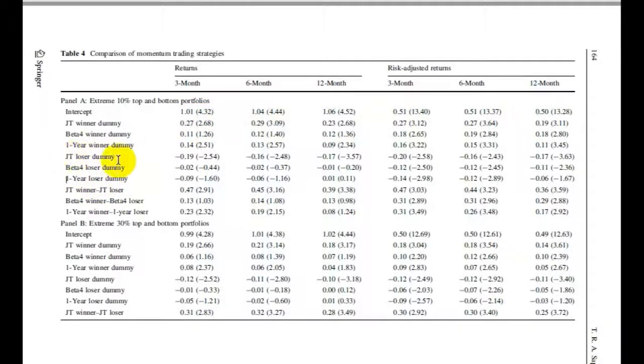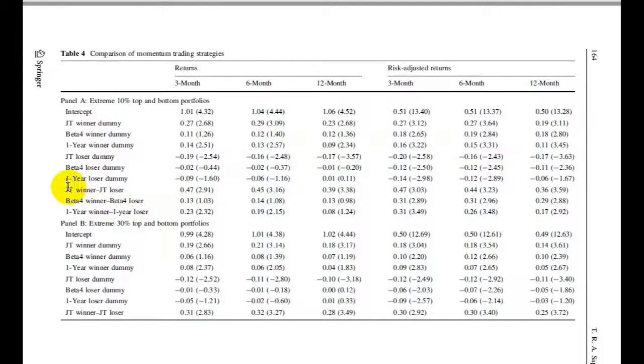Also, we see that the bottom 10% rankings have negative returns, so going short these, this portfolio would result in positive returns.